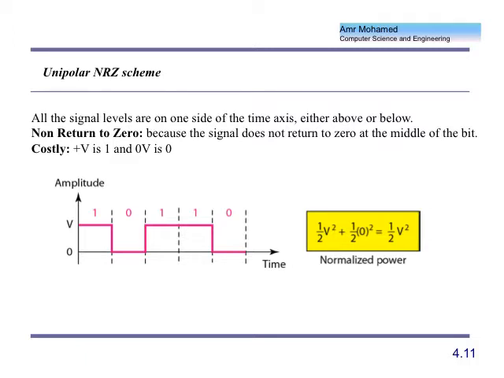But if I have positive voltage, which happens 50% of the time, therefore I have the weight half here. So half multiplied by V squared, which is the positive voltage, plus in the case of zeros, which I have 50% of the time, the power is zero. So the normalized power or the average power is around V squared over 2.